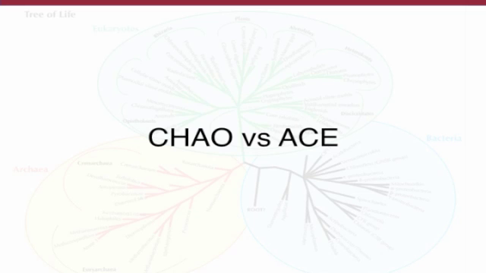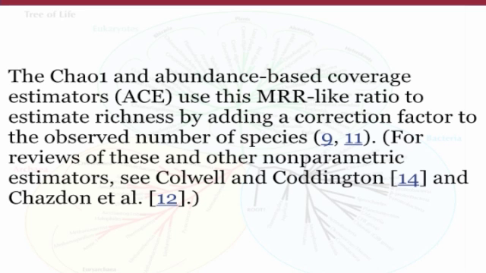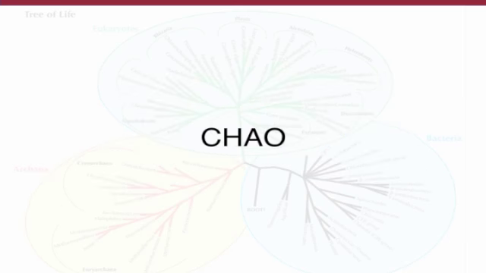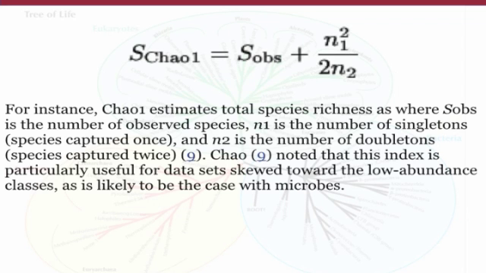And that's the two methods, the Chow versus ACE method that they go into in this paper, have different approaches to making estimates of the community from a mark release recapture type of math. The Chow does this in one way, and the ACE does it another. They go through them in detail.